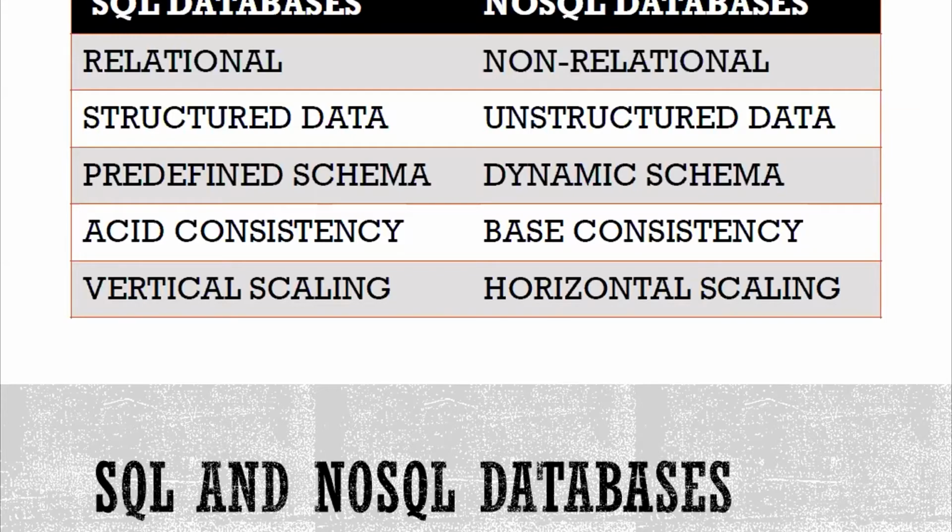So another thing is scalability. SQL databases are designed to run on a single server to maintain the integrity of the data. So it's not easy to scale. That's how they are built by design. They scale vertically, in the sense that you can add more resources like CPU, RAM, or SSD.